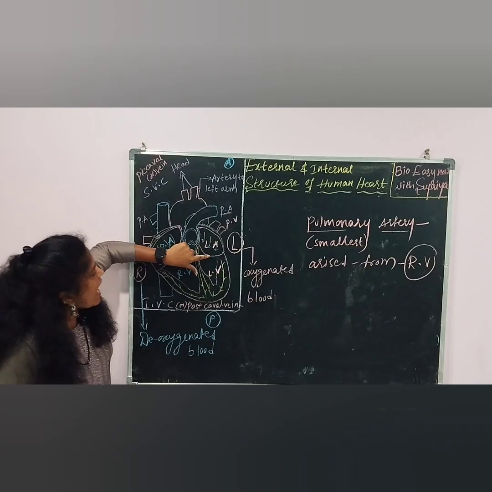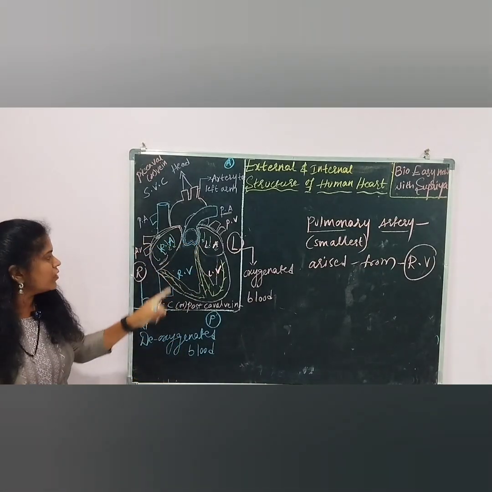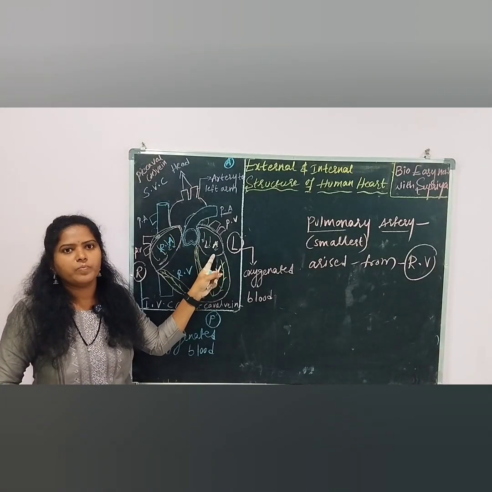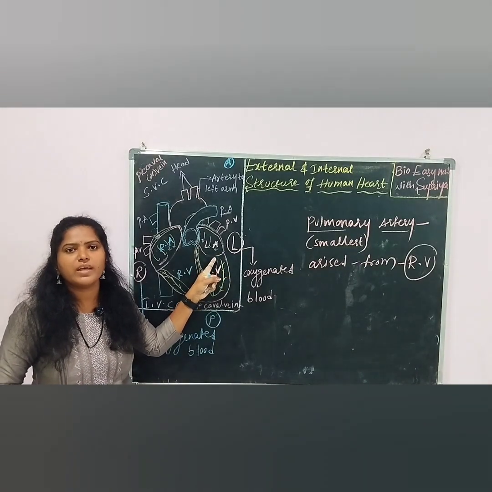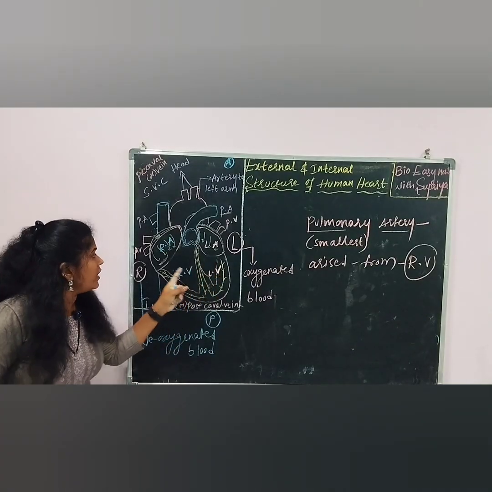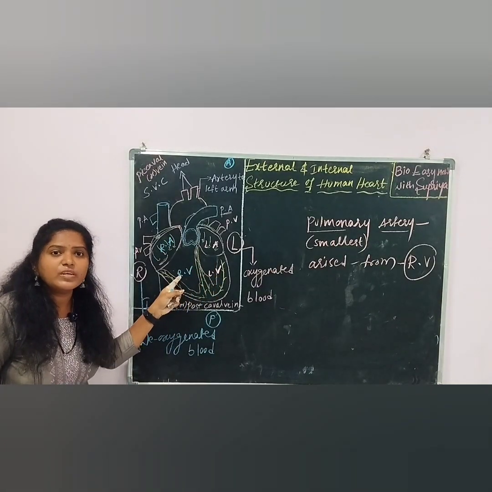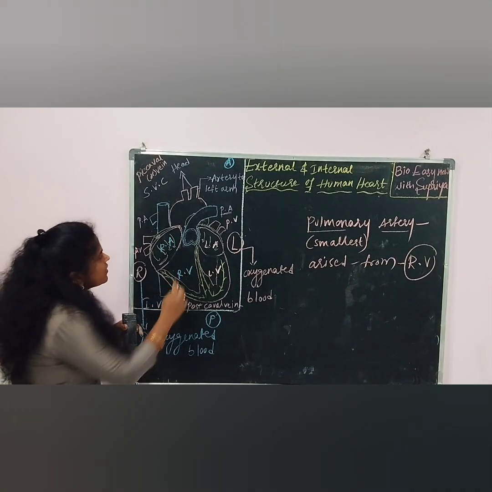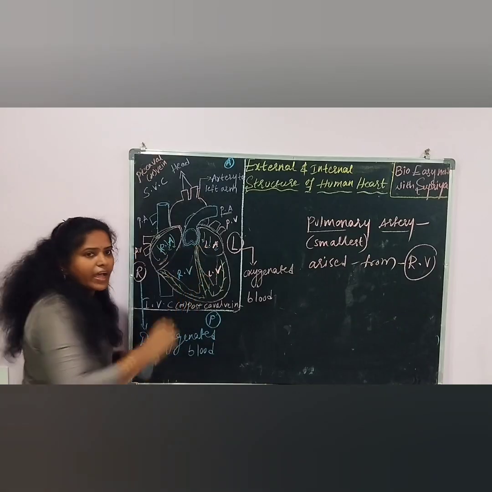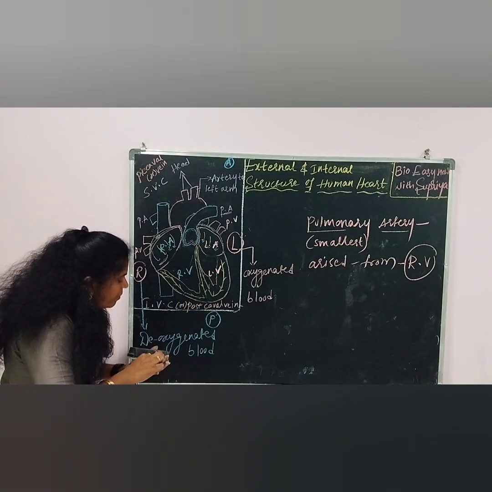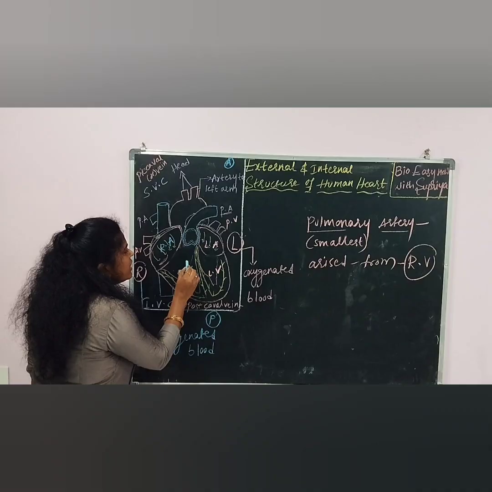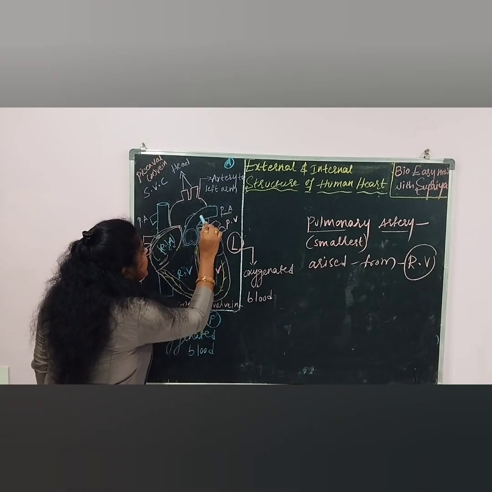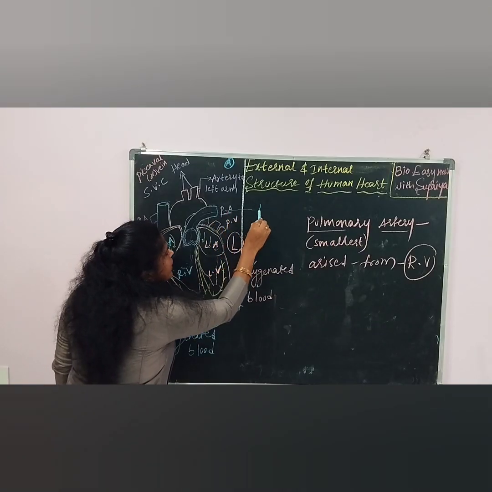These openings act like doors. What are they? The tricuspid valve and the bicuspid valve. The bicuspid valve is also called the mitral valve. So now deoxygenated blood enters which chamber of the heart? The right ventricle. Here the pulmonary artery arises, and it carries the deoxygenated blood into the lungs.